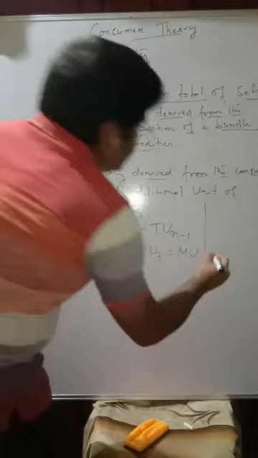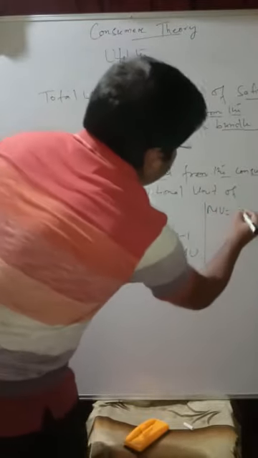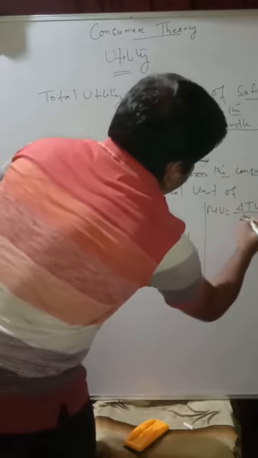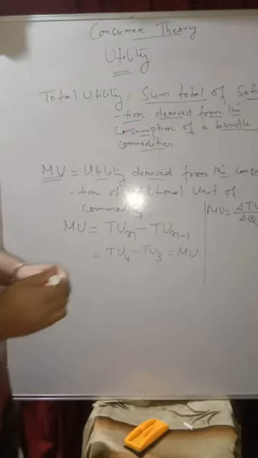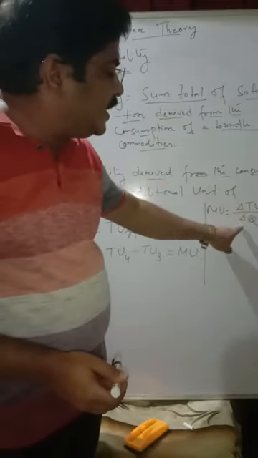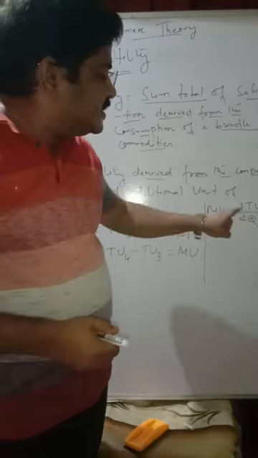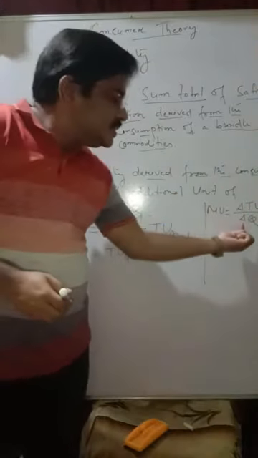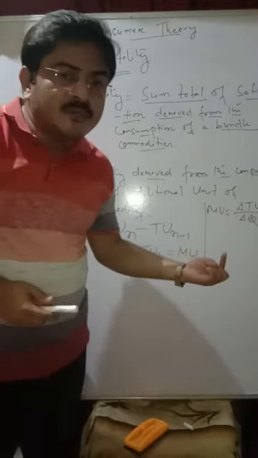So marginal utility is equal to delta TU over delta Q. What is that? Marginal utility is equal to the change in total utility due to a 1 unit change in your consumption of the commodity. That is, the change in total utility due to the change in your consumption of an extra unit of commodity.